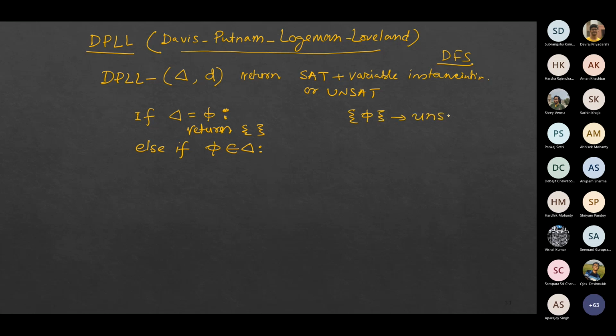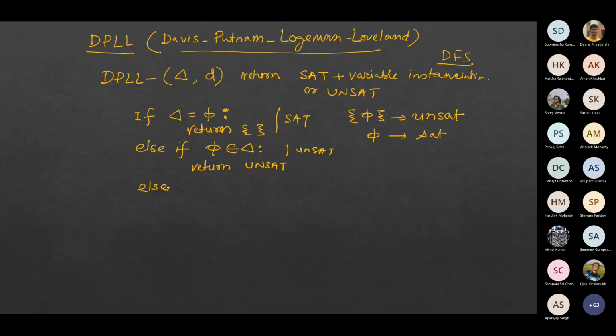This is a case of unsat, and maybe in some cases we will arrive at a situation that we do not have any contradiction and we do not have any clause to explore. So that is the case of SAT. So this is the case of SAT, and this is the case of unsat. And if we have this kind of situation, we'll be returning unsat, right?